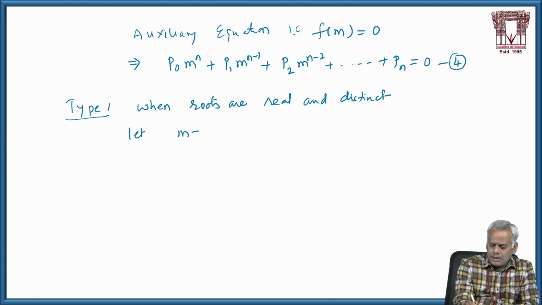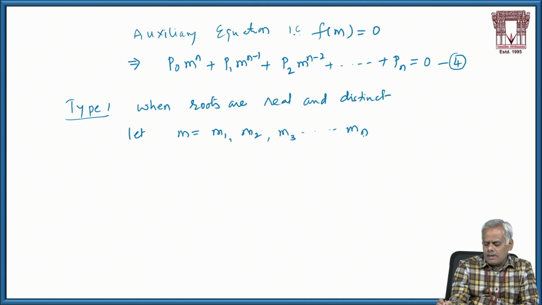Let m is equal to m1, m2, m3 up to mn be the n roots of the auxiliary equation. These are real and distinct roots.